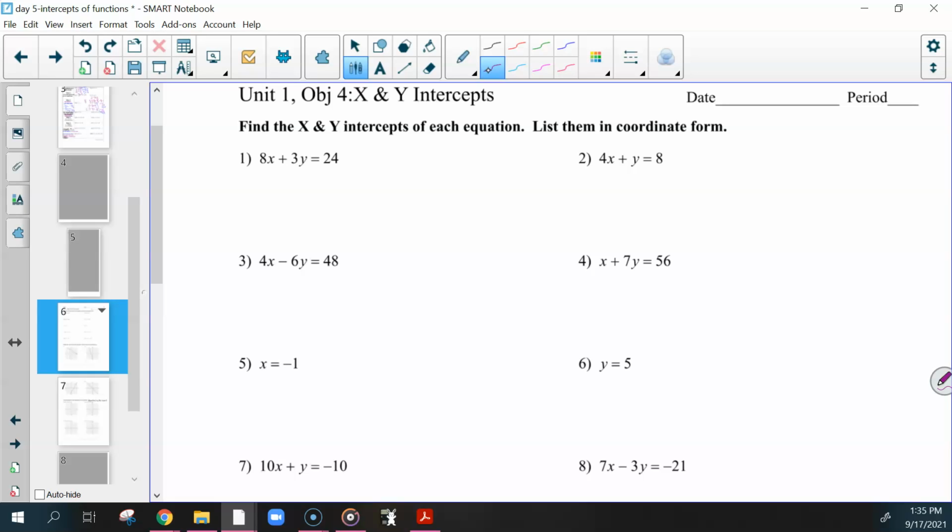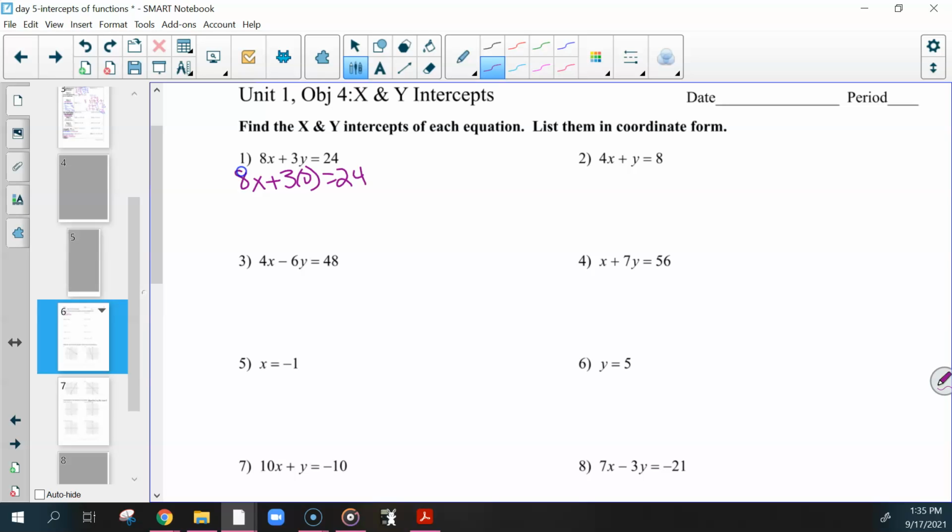So for this first one, if I'm looking for the x-intercept, I'm putting 0 in for y, just like before, so that part has not changed. That's supposed to be a 0. Let's pretend it is. We're still going to solve for x.